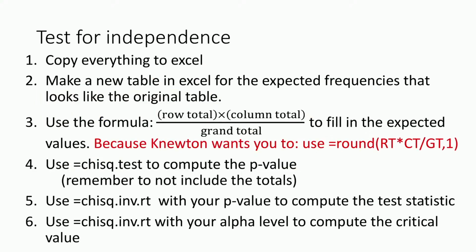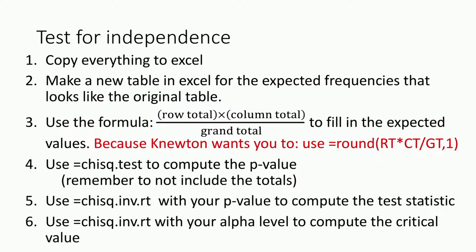Okay, so here's how, oh yeah, wow. That's what we're going to do. I'll keep this on my iPad, but don't write all this down. We're actually going to do this. So I just want to point out what we're about to do is when you're doing your Newton homework, you're going to copy everything to Excel. If we have time, I'll show you this with an actual Newton problem. You make a new table for the expected frequencies, which we'll do in a minute.